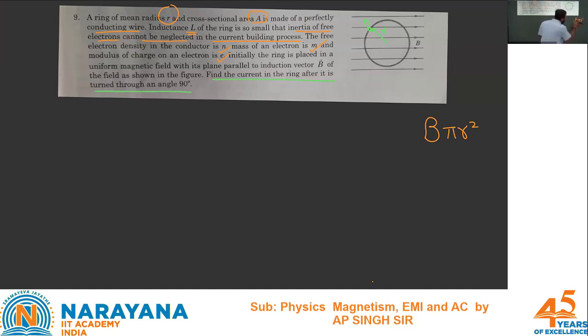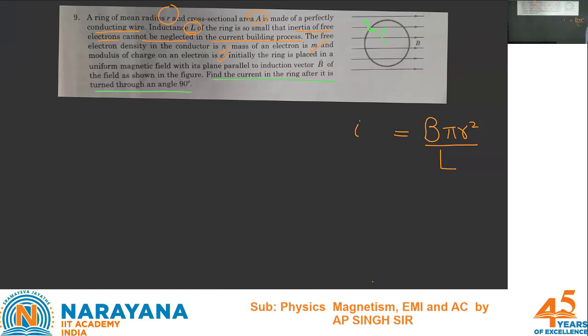And to counter this, because it is a conductor, like a superconductor, no resistance is given, this would have generated a current I, where I would have been this divided by inductance. Now the problem in this question is that inductance is given. This is what I'm trying to say.